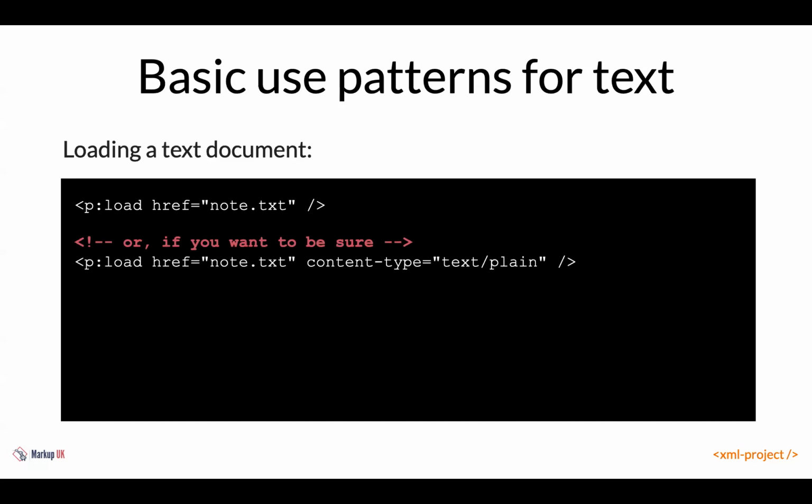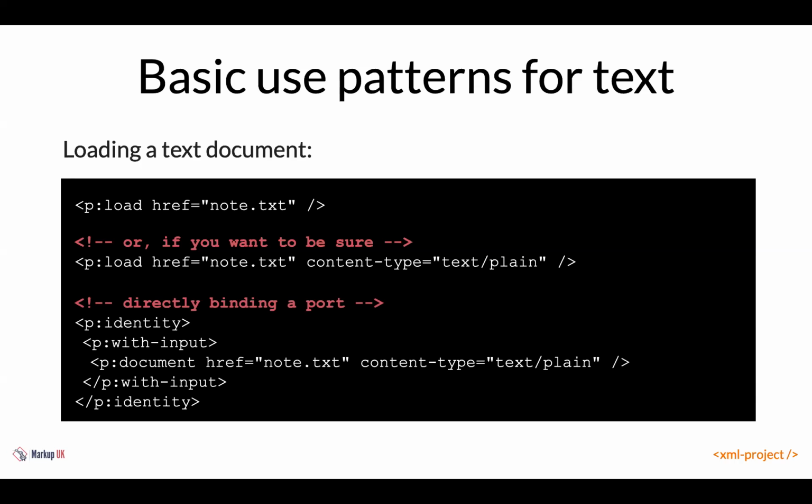You just write p:load and then you give the content type explicitly. So the processor knows that this is a text document and that you want to create a document which has this content type property. And of course, you can bind the text document directly to a port without the loading.